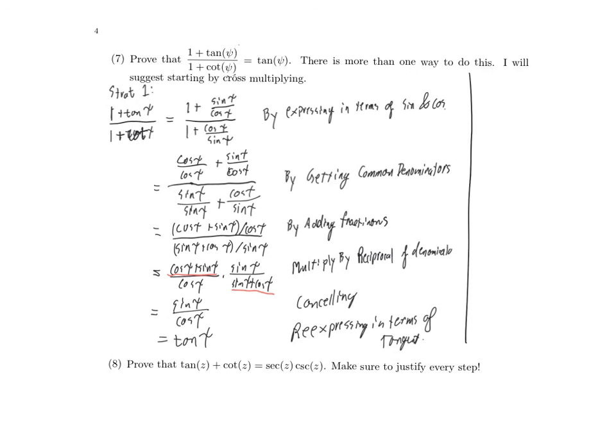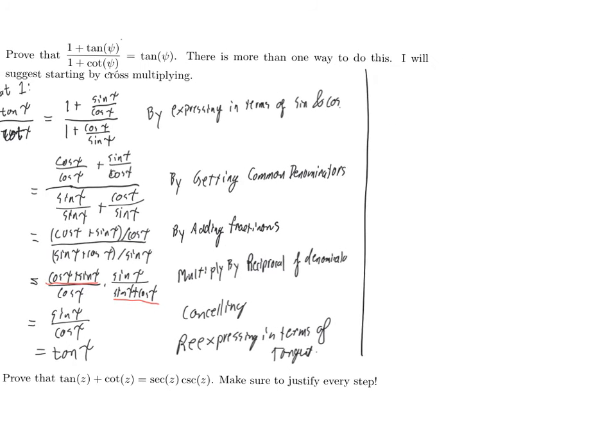Let's do another one. So that's the proof that maybe you came up with by simplifying the more complicated side. Let's also try to manipulate the whole equation. So, let's do that. Starting with, and now I'll just write down the equation that we want to prove.